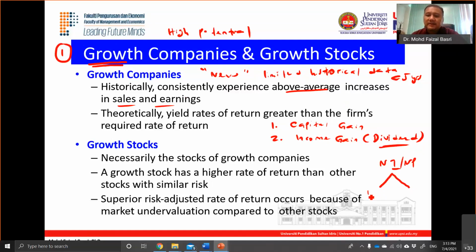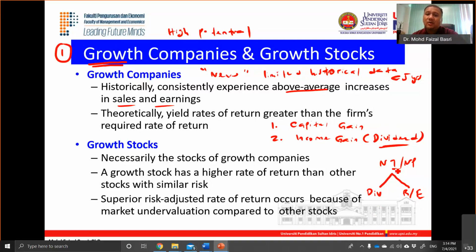They will pay dividend to the shareholders, which is the investors like us who are looking for income gain. And the rest of the money will be reinvested in the company in the form of retained earnings.